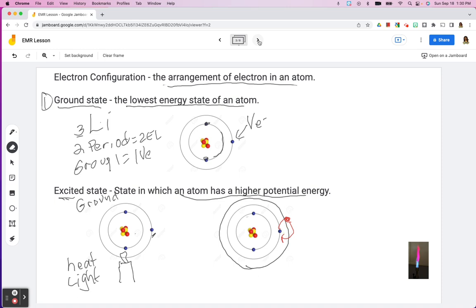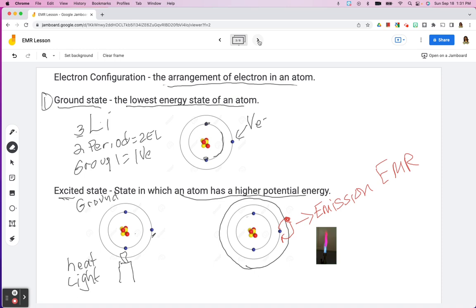But on its way back, there's some emission, and it emits electromagnetic radiation, one of the forms of it. Okay. So just like when we did the flame test in class with lithium, this was the emission.